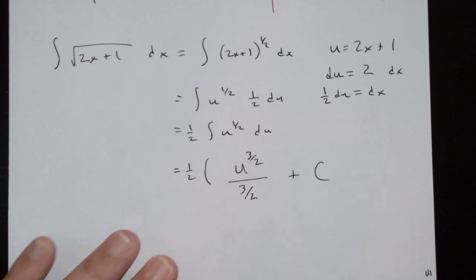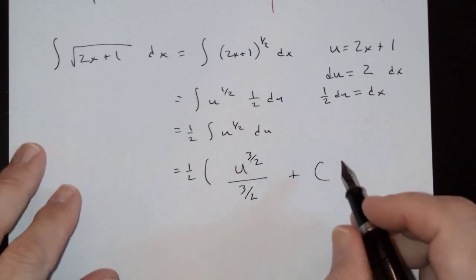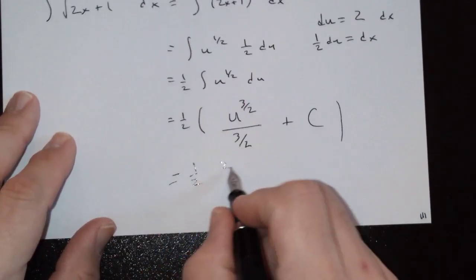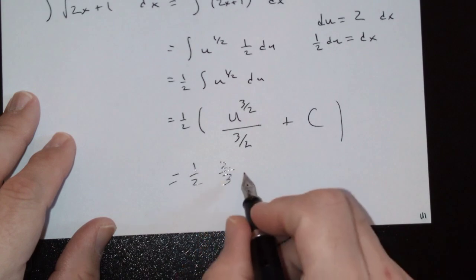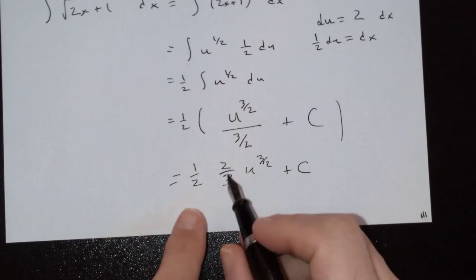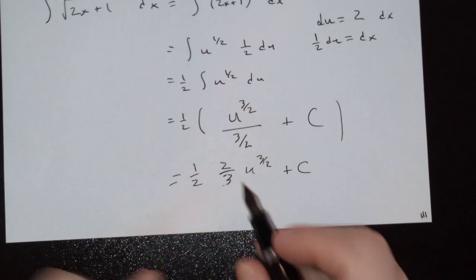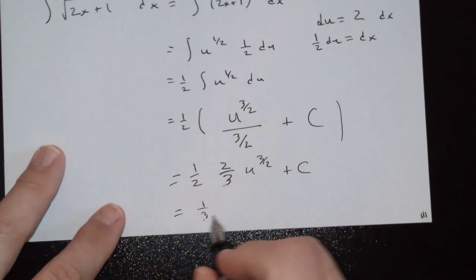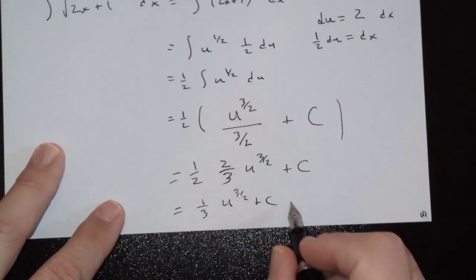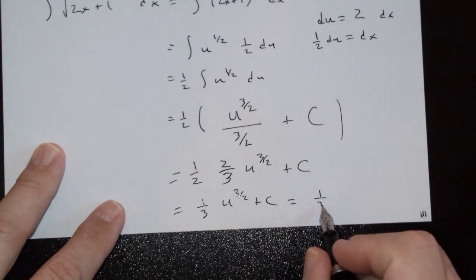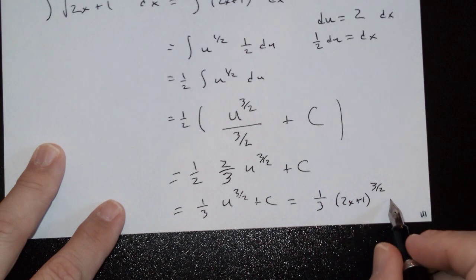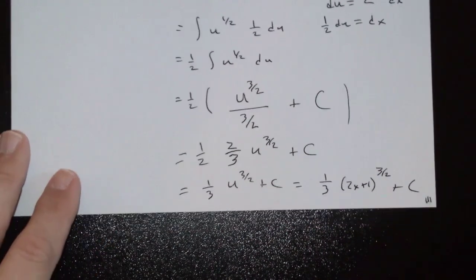If you want to bring it out front, you're going to have to rip it out and flip it over. So I could write 2/3 u to the 3 halves. But then the 1/2 and the 2/3 get multiplied together, and I get 1/3 (2x plus 1) to the 3 halves plus c.